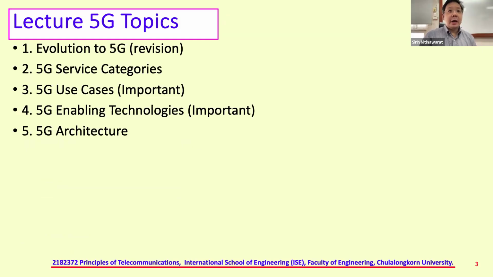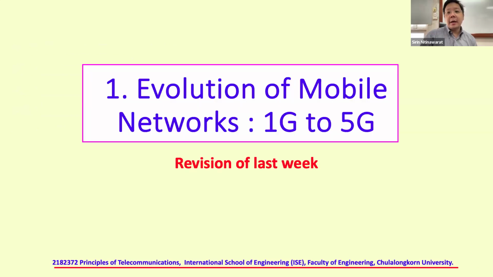And then we switch gears to dedicate ourselves to 5G, talking about various aspects related to service categories, use cases, and I would argue most exciting, enabling technologies. And then we conclude with the network architecture for 5G related to its deployment.